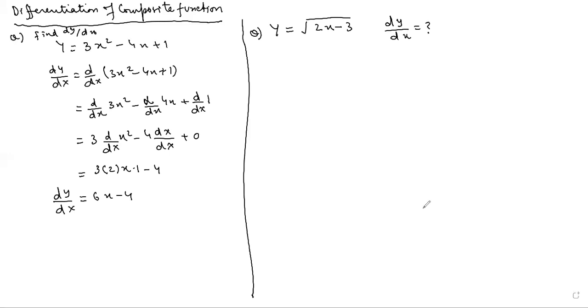There are 3 steps of differentiation. Number 1 is write down power as a coefficient. Number 2, reduce the power by 1.